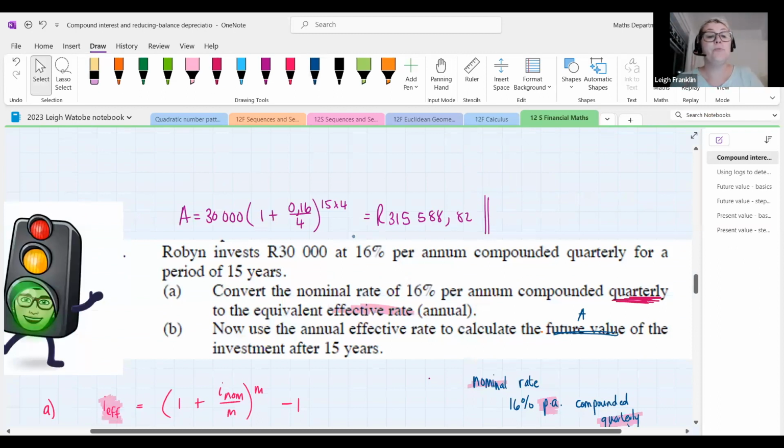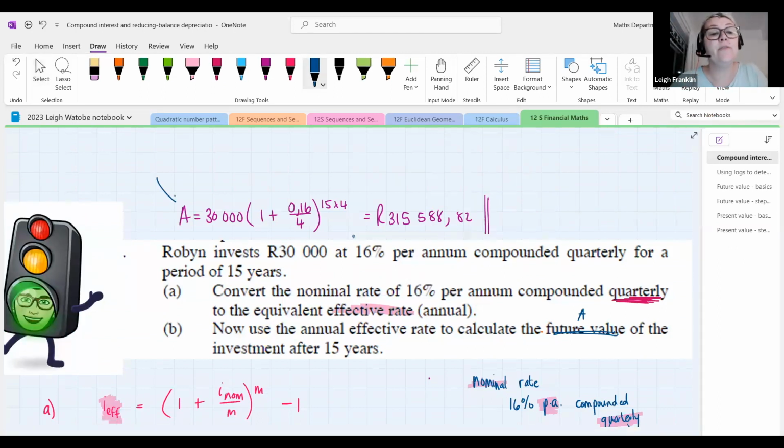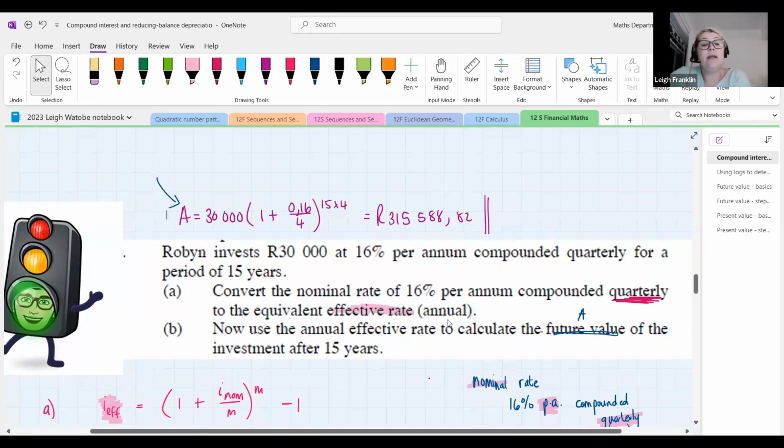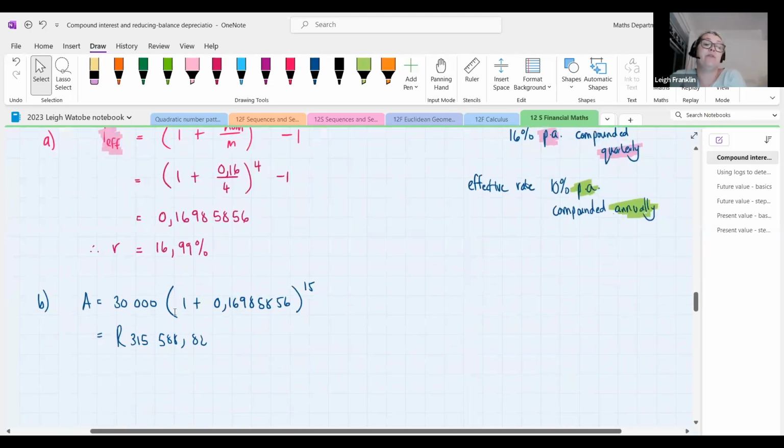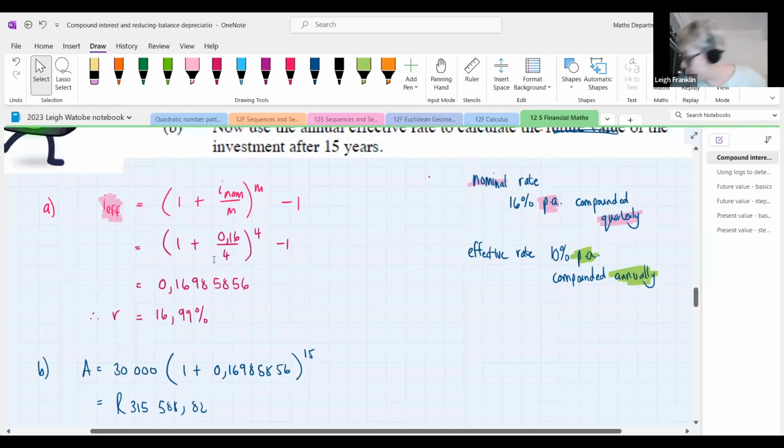So you can see here, even though the question didn't ask us to, I did it for you. I calculated what Robin would have if we worked with the nominal rate. And then you can see when we worked with the effective rate, we got the same answer because we calculated our effective rate correctly from our nominal one.